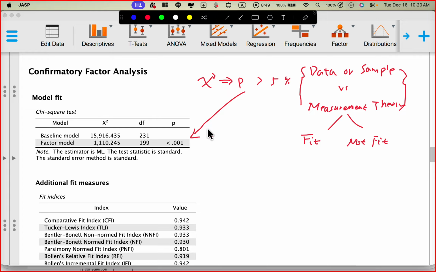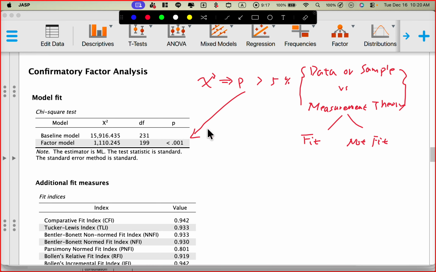But you can see that the data points number over 1,000, right? 1,000 data points, that's a lot. So chi-square is very sensitive to the size of data because there are too many data points.